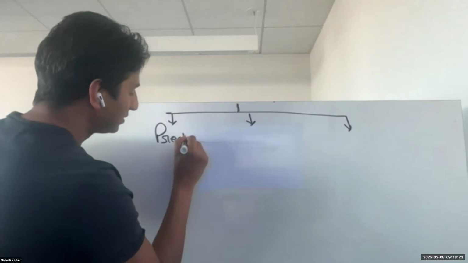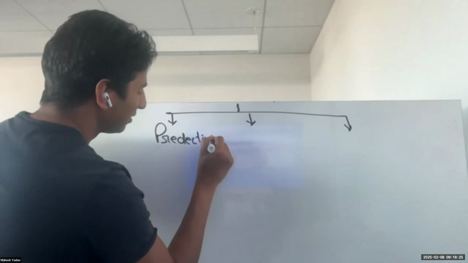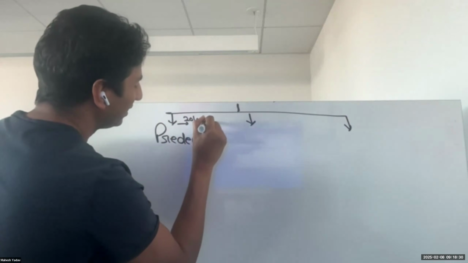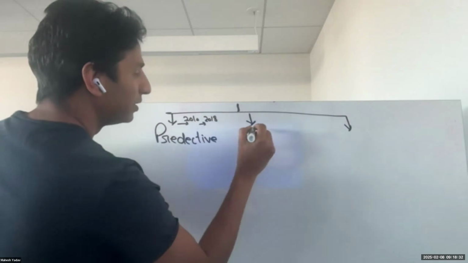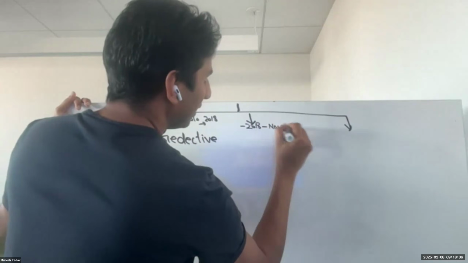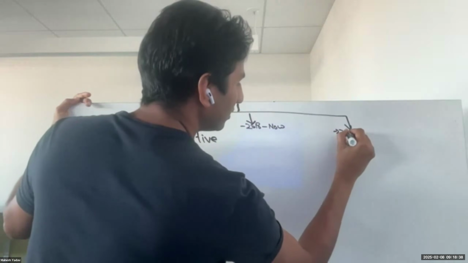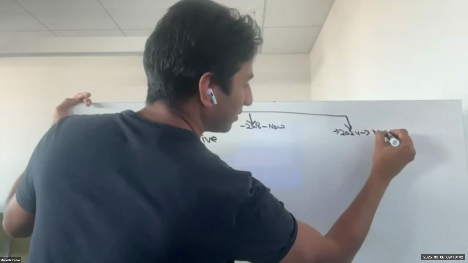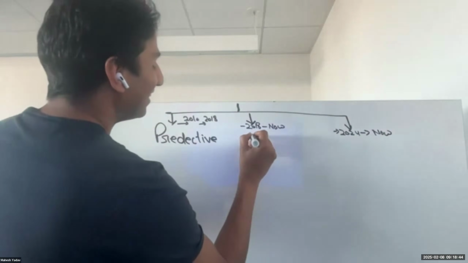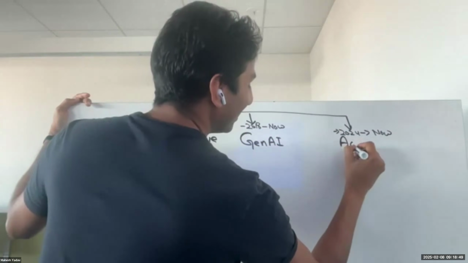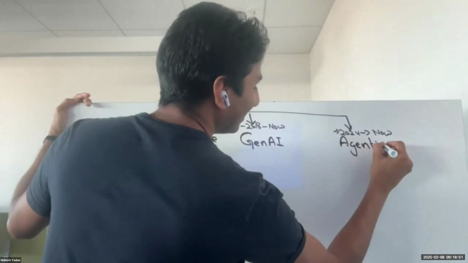One is the predictive ones, which I think were mostly popular from 2010 to 2018. Gen AI is going from 2018 till now. And the agentic ones started in 2024, I would say, and will go forever, hopefully. My course depends on it. So these are the three.